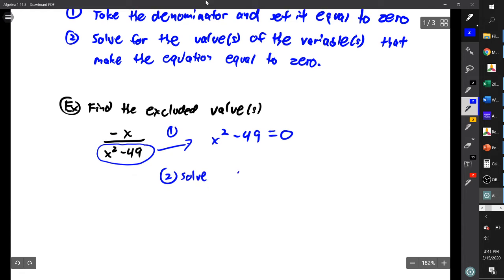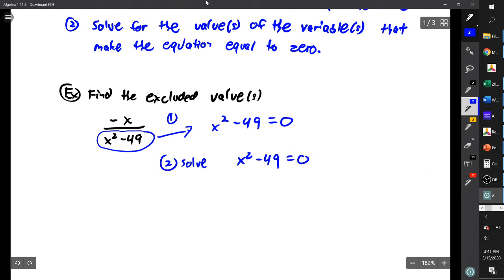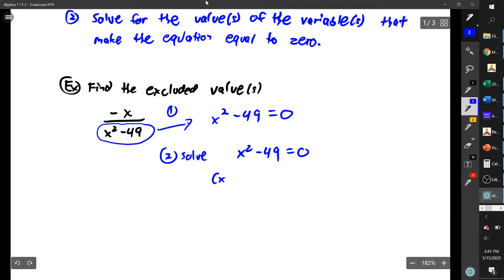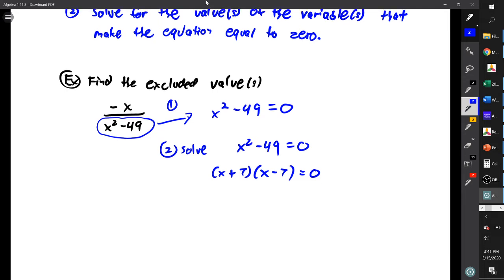Okay, so we have x squared minus 49 equals 0. We have something squared minus something squared. We can factor that as square root plus square root times square root minus square root. Square root of x squared is x. Square root of 49 is 7. So now I have a factor times another factor equals 0.